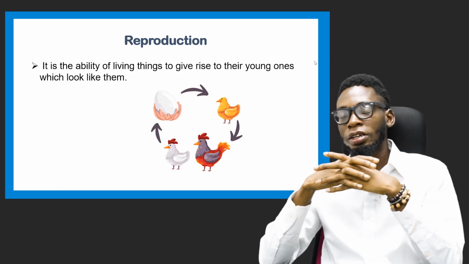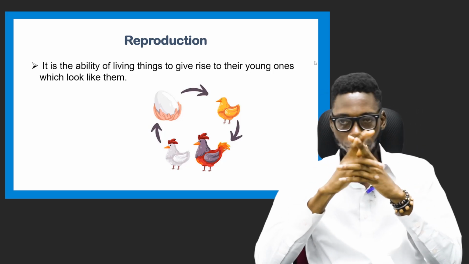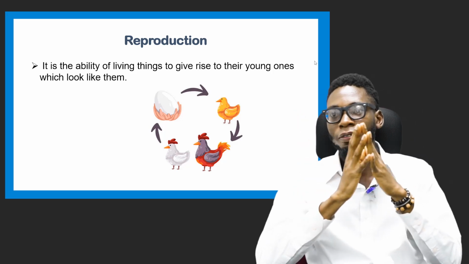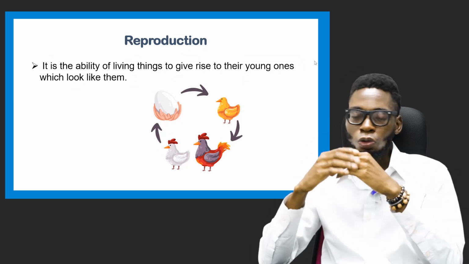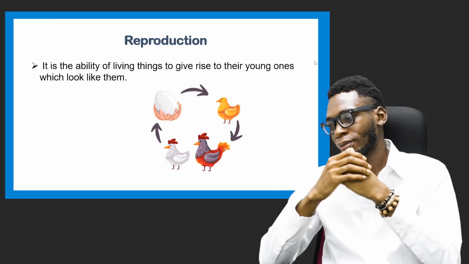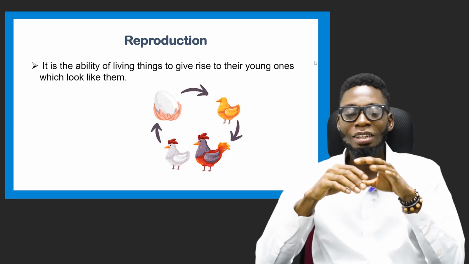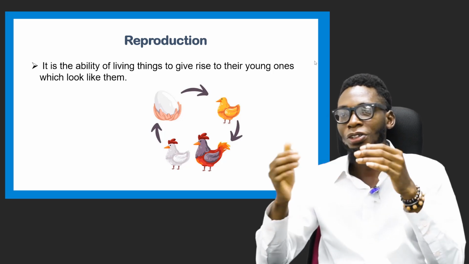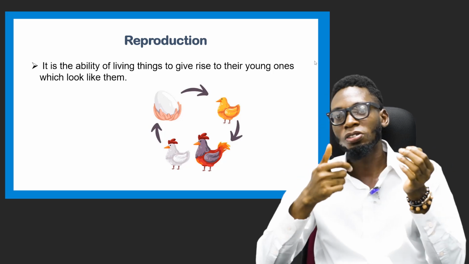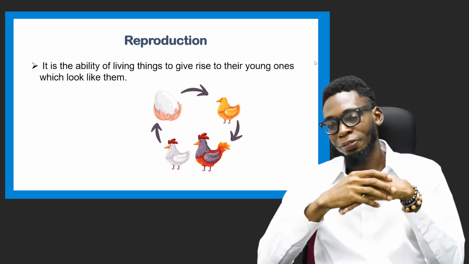The next characteristic is reproduction. Reproduction is the ability of living things to give rise to their young ones which look like them. The importance of reproduction is that it ensures the continuity of life.